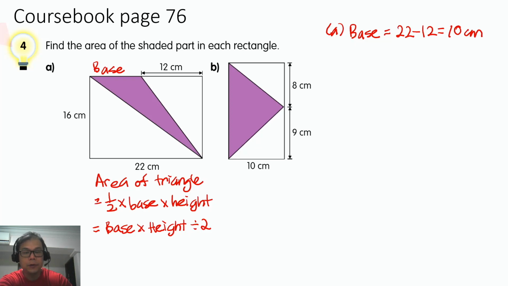How about the height? Where is the height of this triangle? Remember, the height will always be perpendicular to the base of the triangle. So in this case, if we draw a perpendicular line from the base such that it touches the third vertex, this will be the height of our triangle. So what is the height?